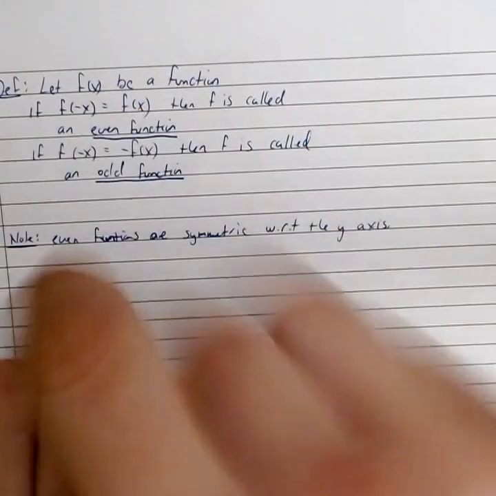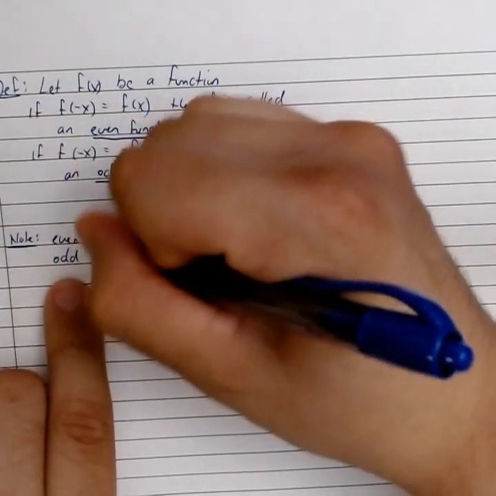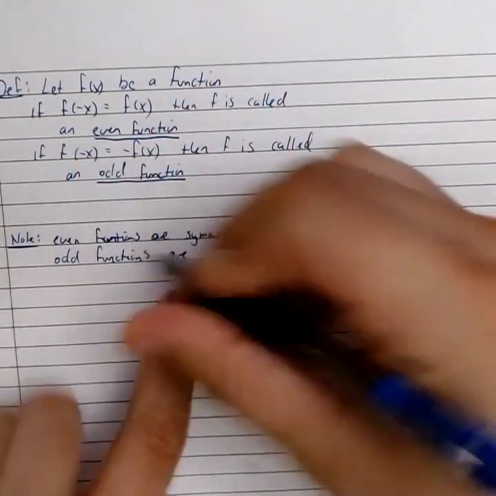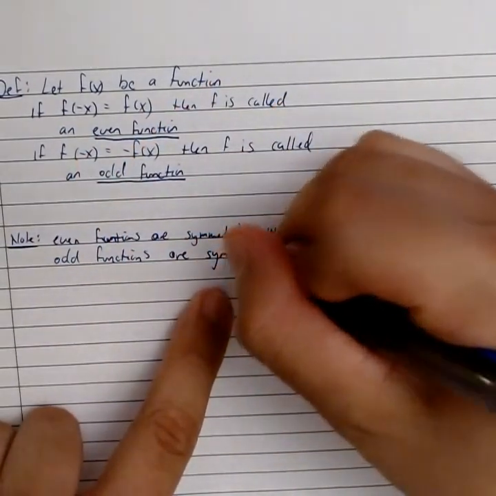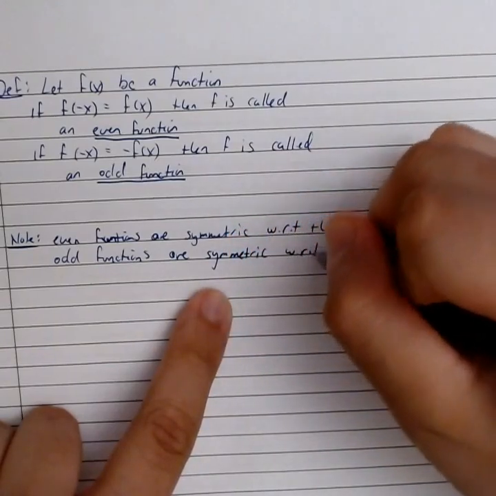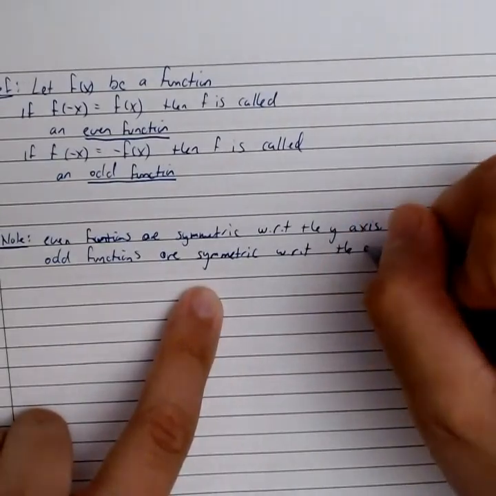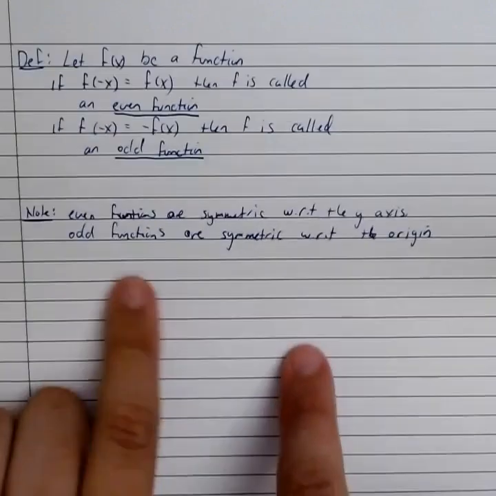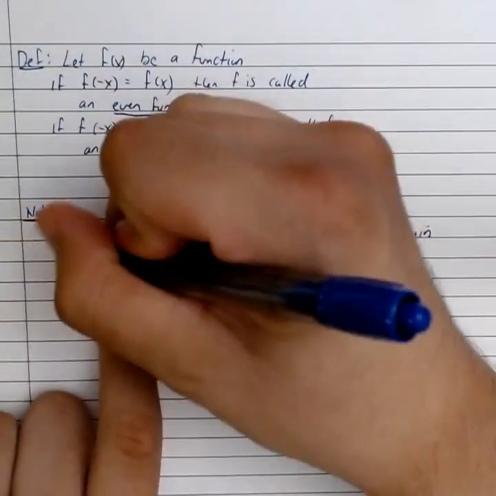Okay? And again, note, odd functions are symmetric with respect to the origin. Functions cannot be symmetric with respect to the x-axis.